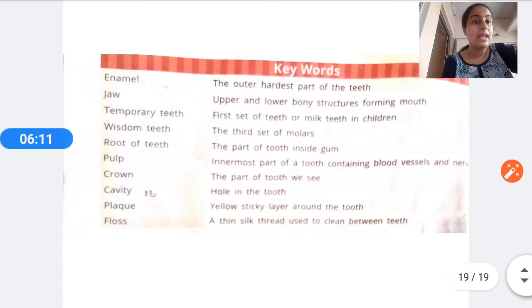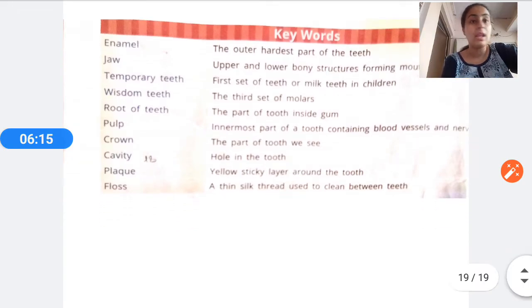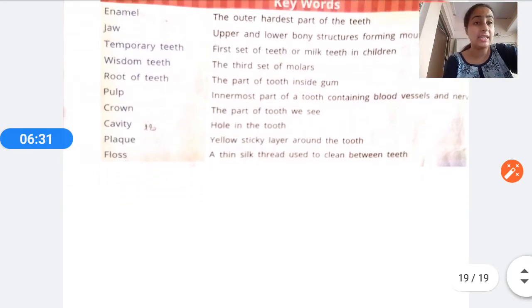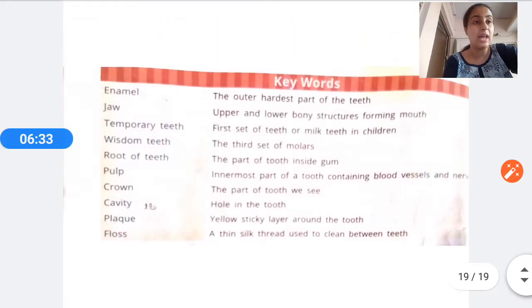Pulp, the innermost part of a tooth containing blood vessels and nerves. Crown, the part of the tooth that we see. Cavity, a hole in the tooth. Plaque, a yellow sticky layer around the tooth. And floss, a thin silk thread used to clean between the teeth.